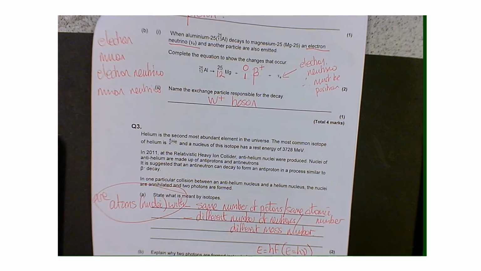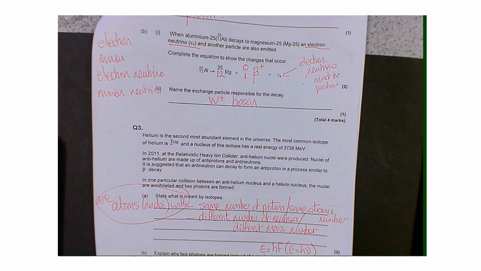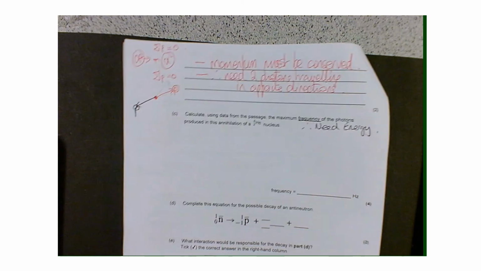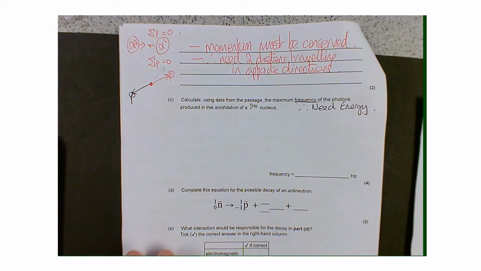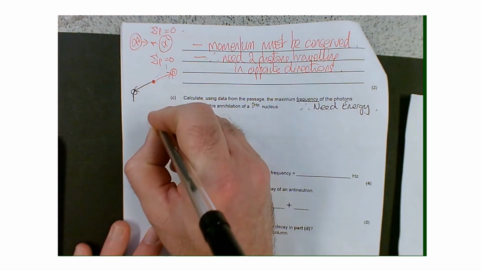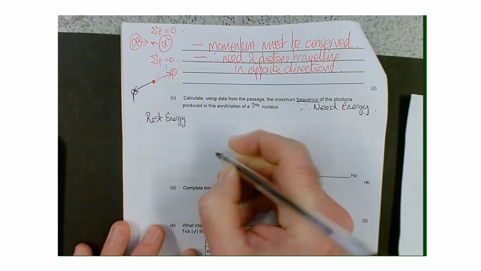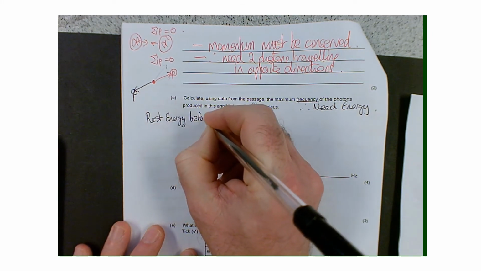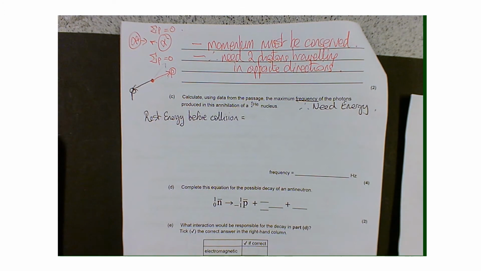In the question, I'm told that the nucleus has got a rest energy of 3728. So I'm going to assume that those are the energies that I'm using. I can ignore the kinetic energy at this stage. So I've got the rest energy before the collision is equal to what?